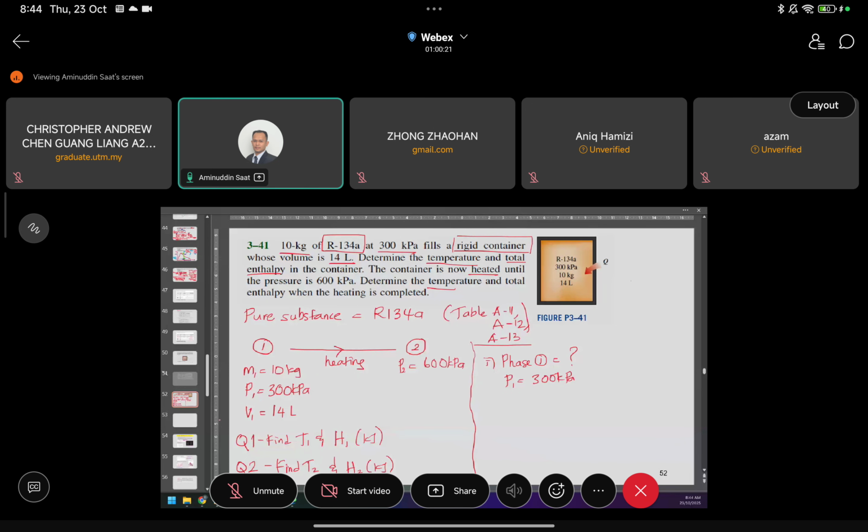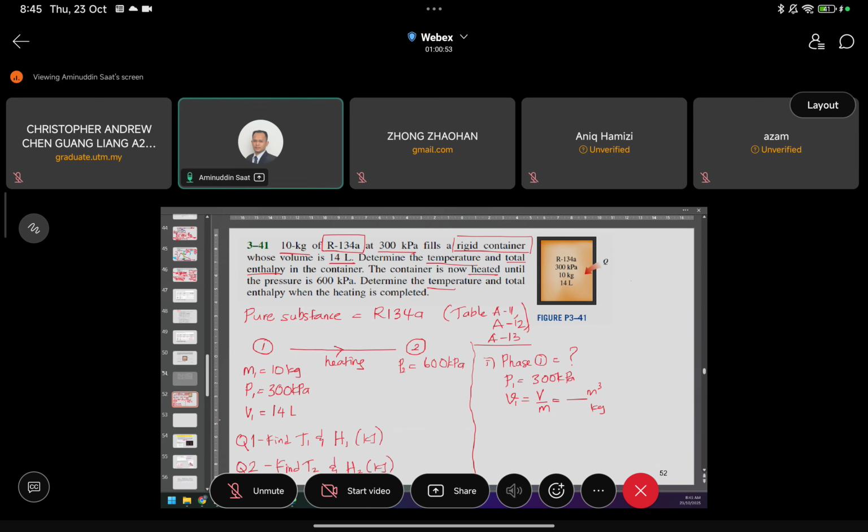You have the mass. The mass is not intensive. You have a volume. Again, volume is also not intensive. But you can find the specific volume. You can find the specific volume if you divide the volume by mass. But you need the volume in meter cube divided by kilogram.